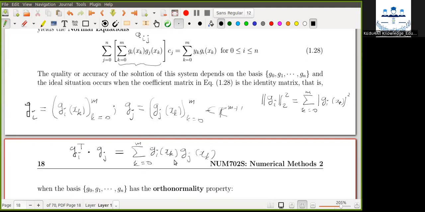So this is what we have as the dot product. We can also write it in this form, with the angle brackets and a comma.